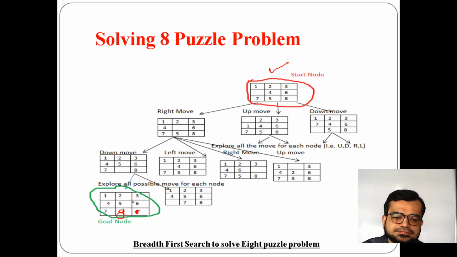Actually, this is your goal node, that is 1, 2, 3, 4, 5, 6, 7, 8, and this is the empty tile. So assume it this way.